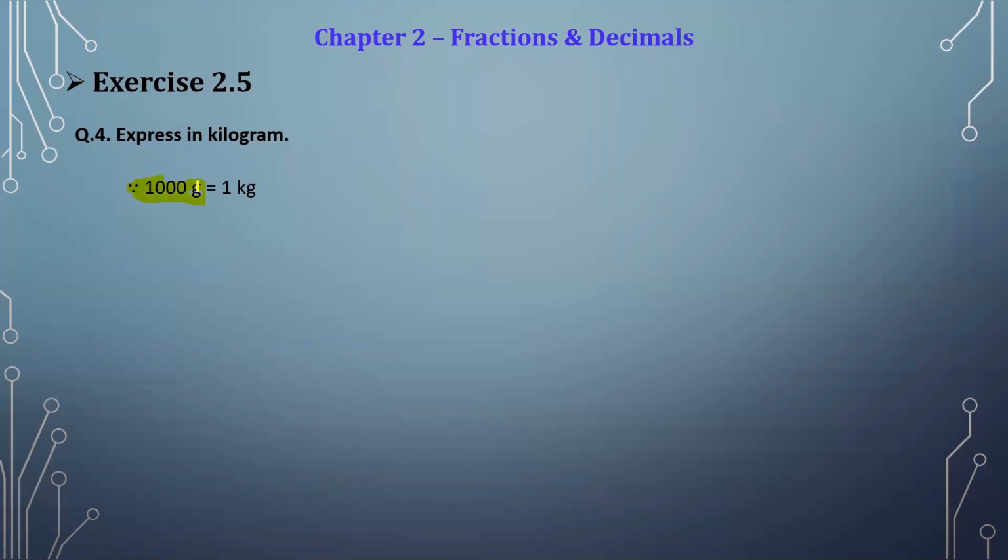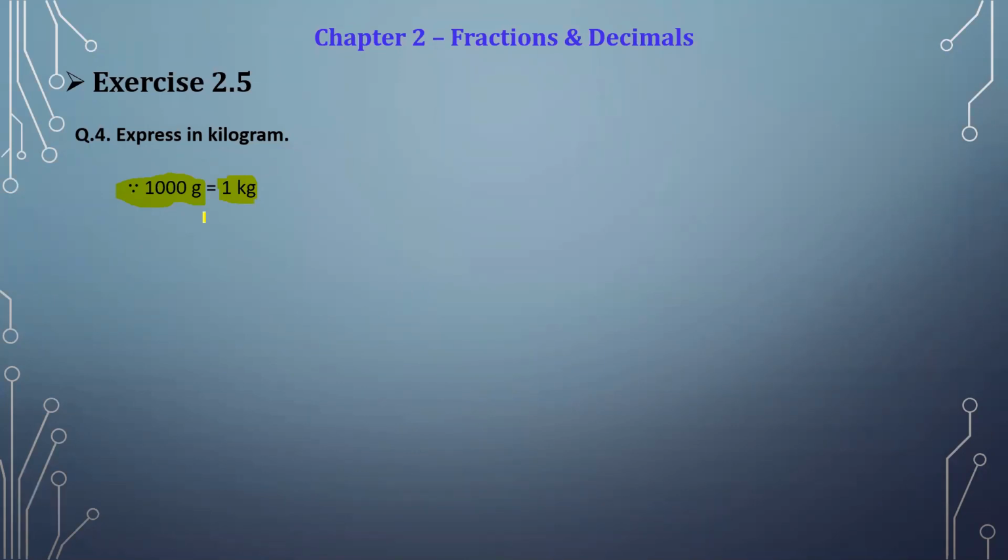You are seeing that electronic weight machine. If that number is 1000 gram, then it is indicating 1 kilogram. So the value of 1000 gram is going to be 1 kilogram. That is the relation between gram and kilogram, which we are going to use in this example.